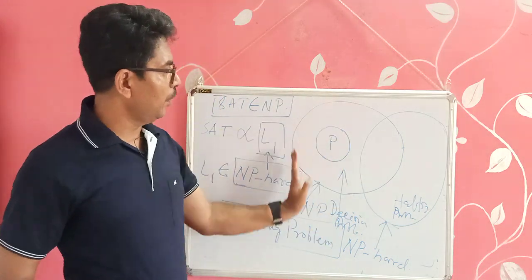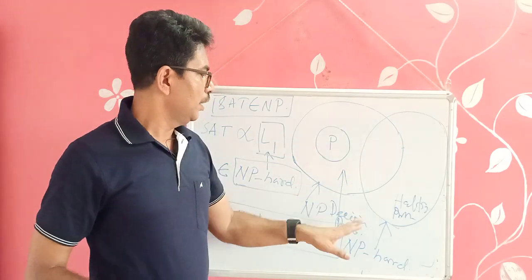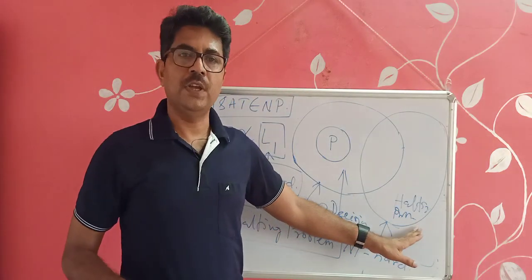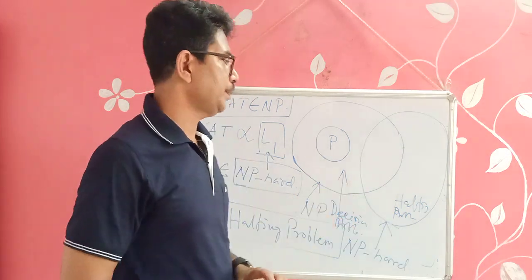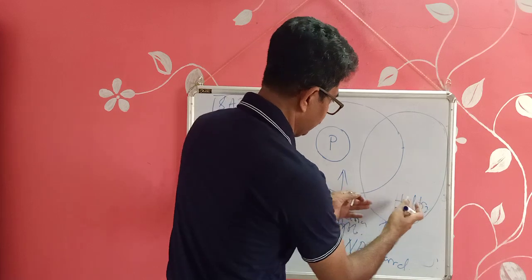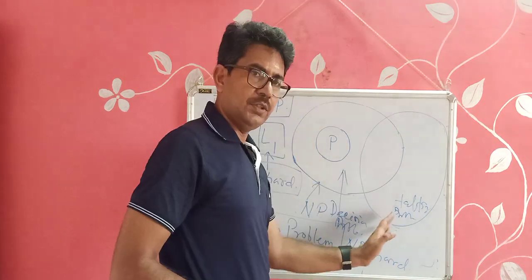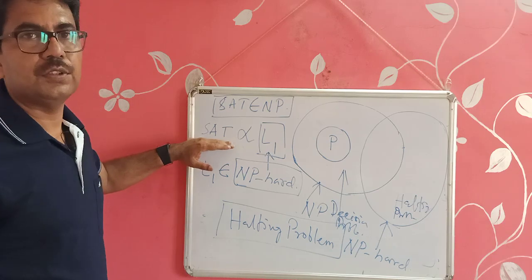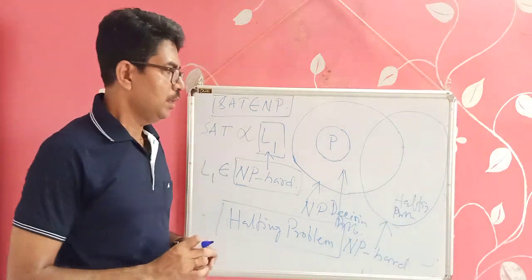So all the problems belonging to NP are decision problems. But NP hard may contain optimization problems also, right? So NP hard contains all the decision problems and all the optimization problems which can be solved if we have a solution for SAT. Got it?